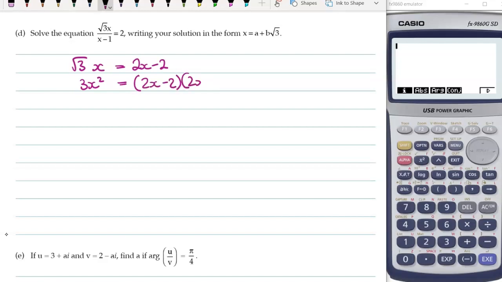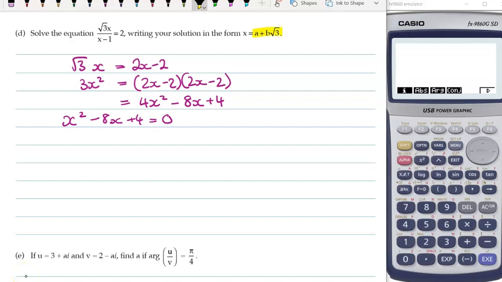That's the same as doing (2x minus 2) times (2x minus 2). Sometimes it's easier to see it that way around so we don't miss any terms. So now we'll have 4x squared minus 8x plus 4. If we bring the 3x squared over to the right-hand side and subtract, we'll end up with x squared minus 8x plus 4 is equal to 0.